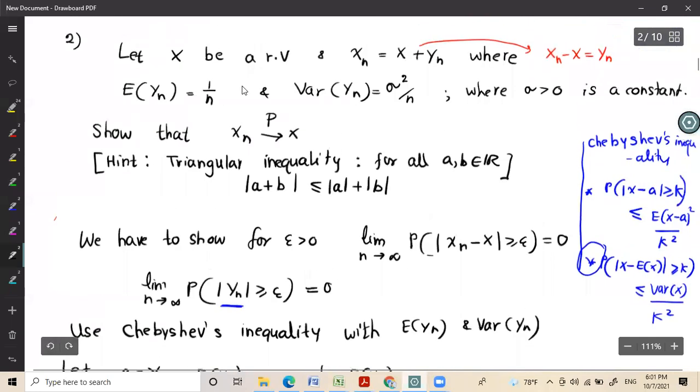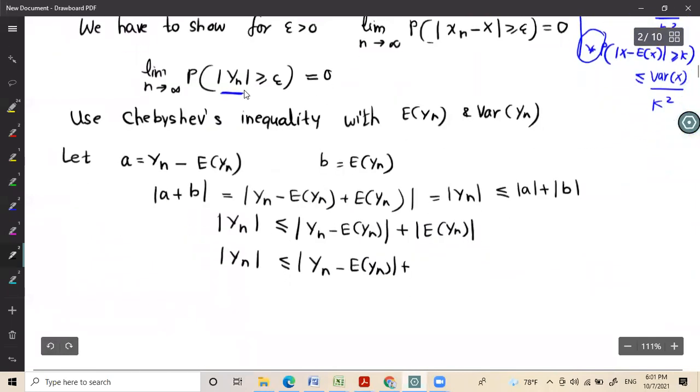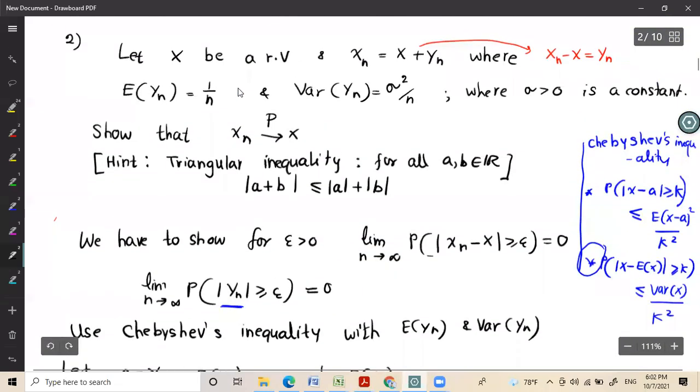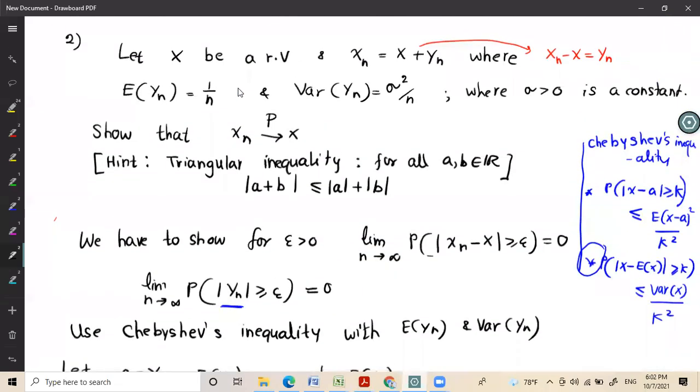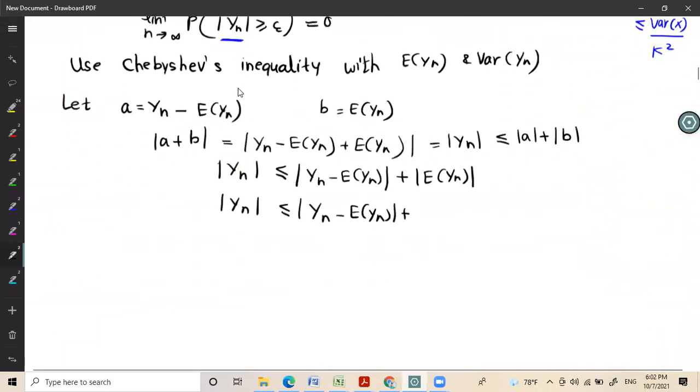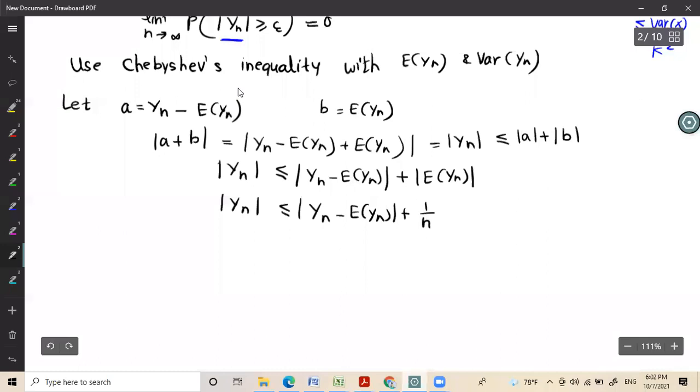It is given that it is 1 over n, so you can replace the expectation. N is a number, the sample size, so 1 over n is never negative. So you can omit the absolute value. It is 1 over n.